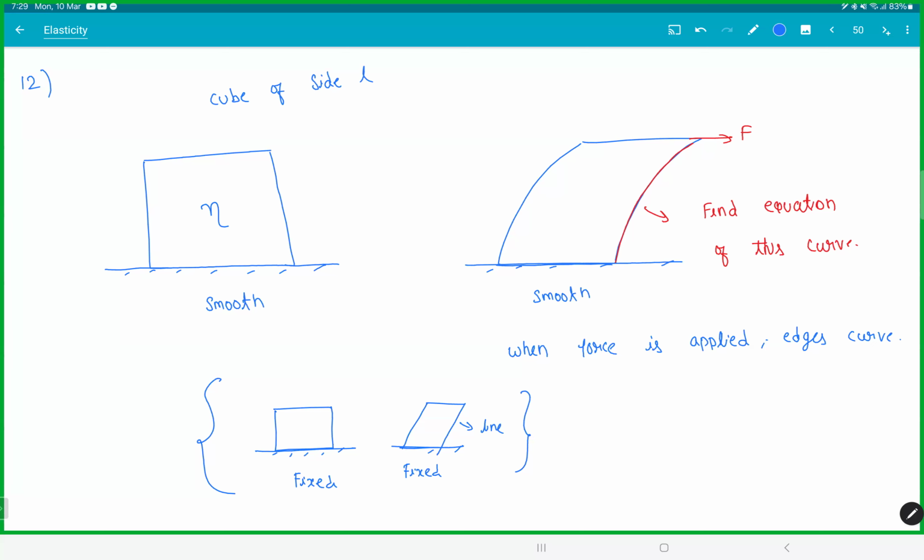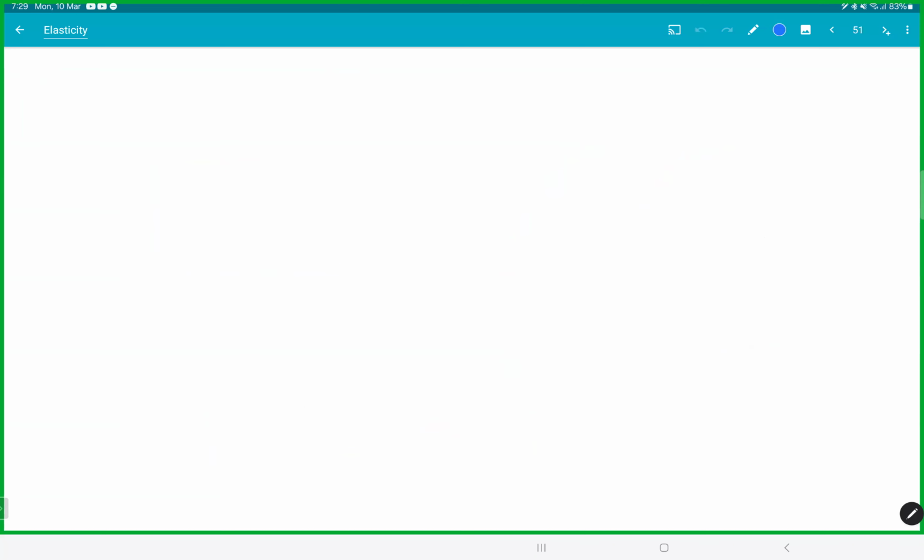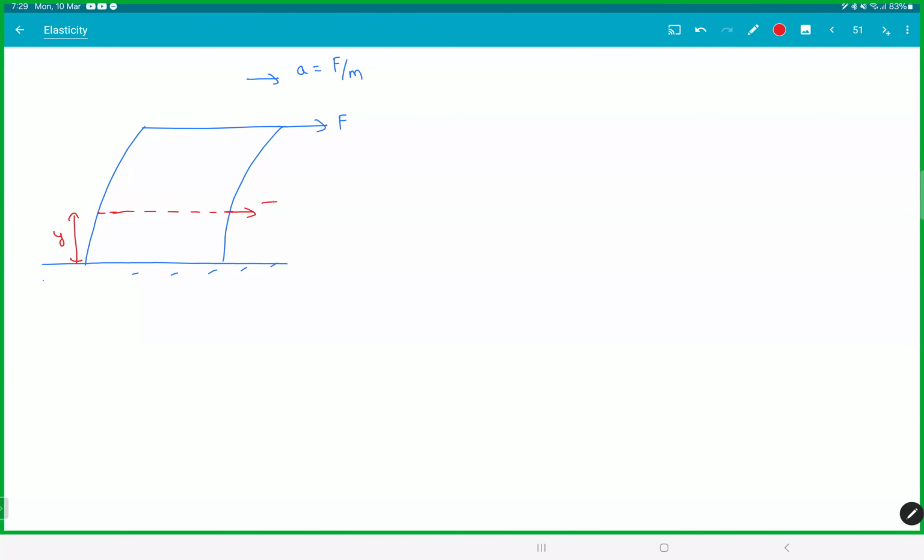How do we proceed with this? Let's see. So the problem here is, you pulled with force F here, so we have an acceleration F by M. If you go from the bottom to a height y from here, the tension T will act only on the lower part of this, isn't it?